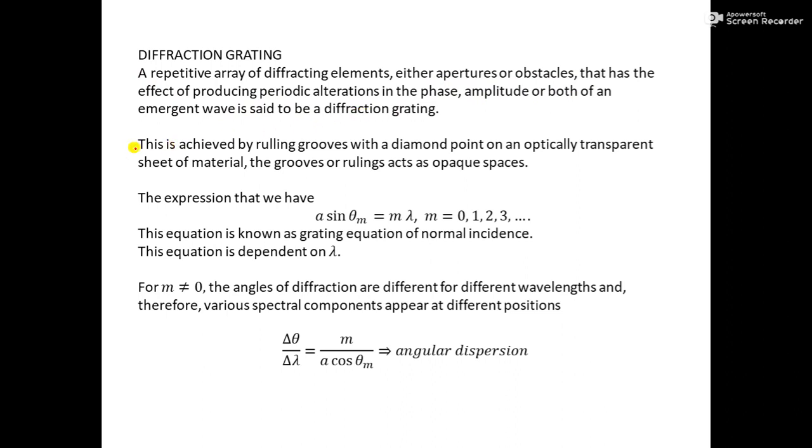It is an arrangement consisting of a large number of equidistant slits, and the corresponding diffraction pattern is known as the grating spectrum. This is achieved by ruling grooves with a diamond point on an optically transparent sheet of material. The grooves or rulings act as opaque spaces. In reality, most gratings are replicas of these fine master ruled gratings made on good quality plastic or glass. Nowadays, gratings are also made holographically.